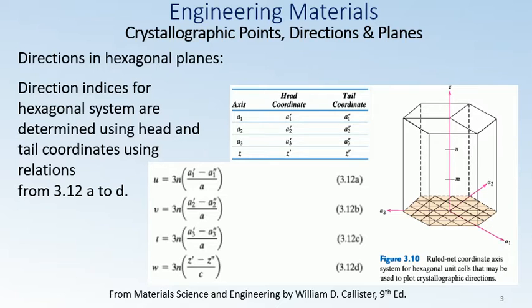Similarly, in the hexagonal system you determine direction indices with head minus tail coordinates using the relations given in 3.12a, 3.12b, 3.12c and 3.12d. Again, n is the factor used to reduce to the lowest integer values.